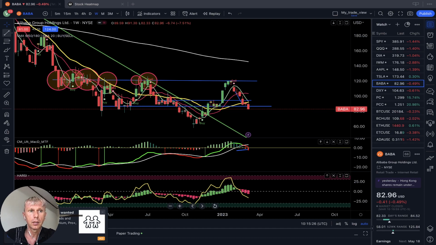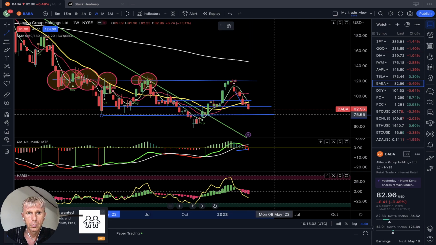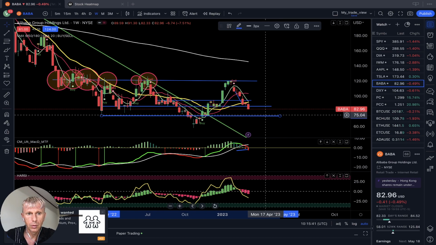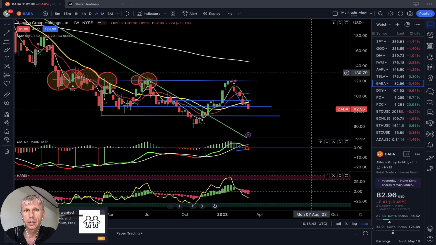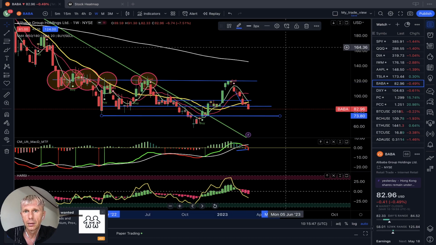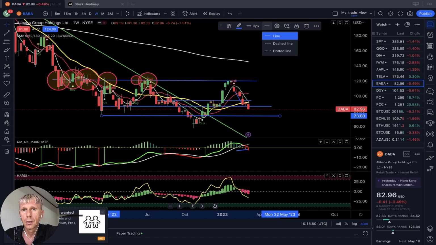Let me make a line. Let's move it a little bit up. Something like that. This should be, let me make it thinner. Like this one.